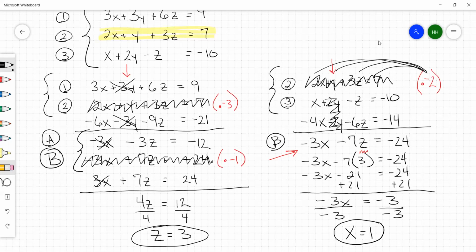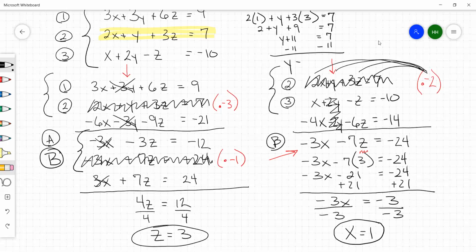So I'm going to rewrite equation 2 as 2 times 1 plus y plus 3 times our z, which is 3, equals 7. So I get 2 plus y plus 9 equals 7. I get y plus 11 equals 7. And I can subtract 11 from each side. So my y equals negative 4.